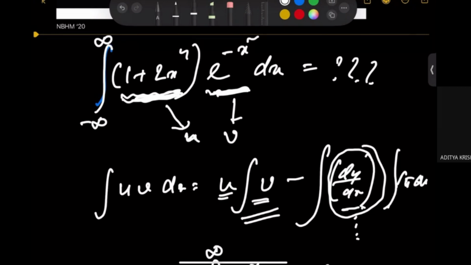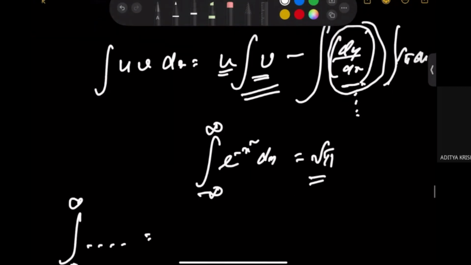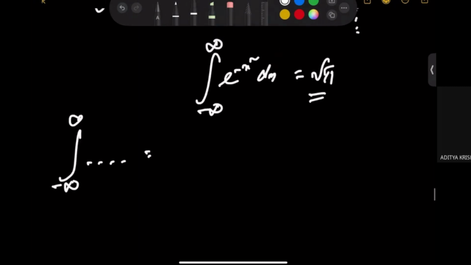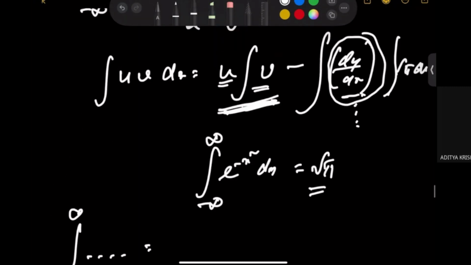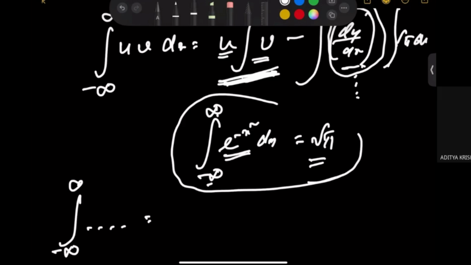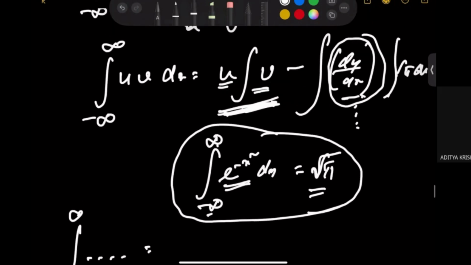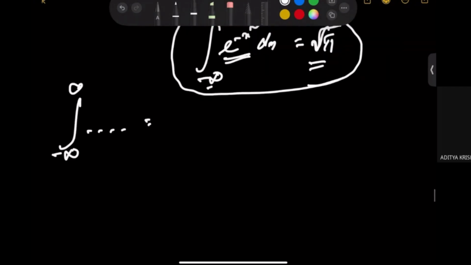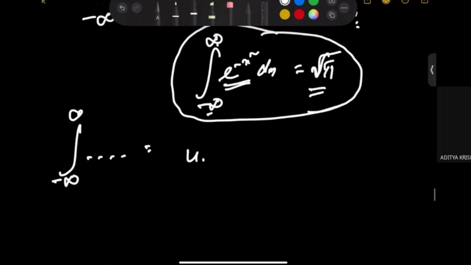There is one problem actually. I overlooked that problem. When you apply integration by parts with limits, the advantage of these limits for this function is that you readily know the value of this integral, root pi. But when you apply it to something like this, it should be u times the integral of v.